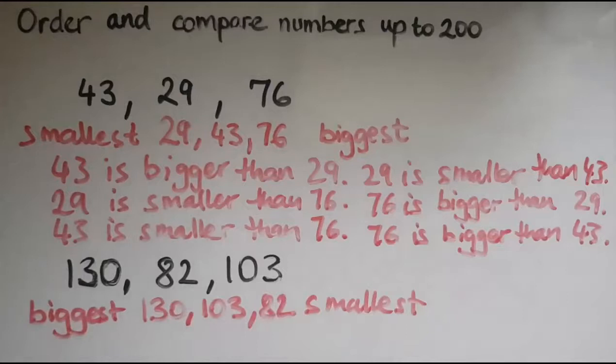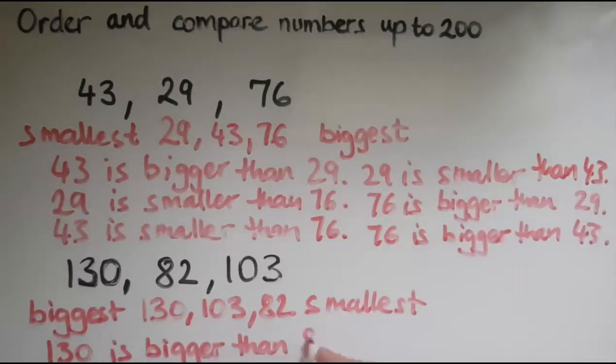That's the smallest one. Now, if I want to compare these, I would say that 130 is bigger than 82. 130 is also bigger than 103.